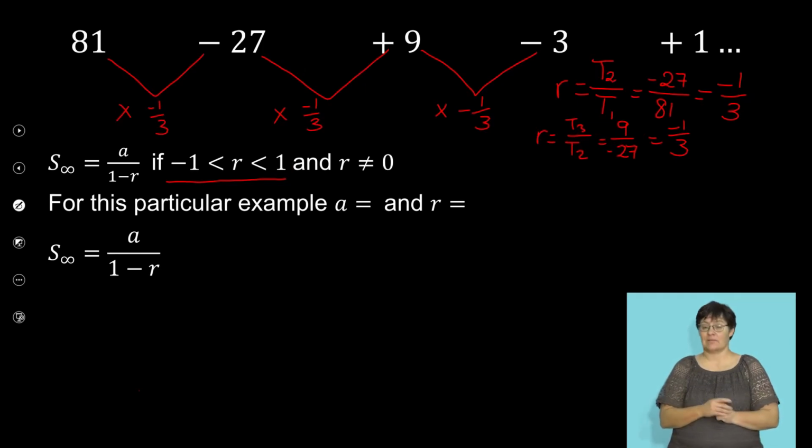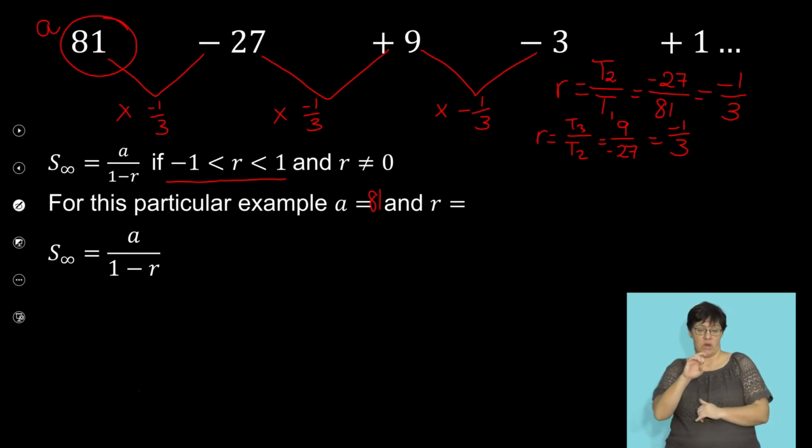So, for this particular example, we can see that A is 81. Why? Because this is my first term of the sequence. My common ratio, which I have calculated, is -1/3. Great.